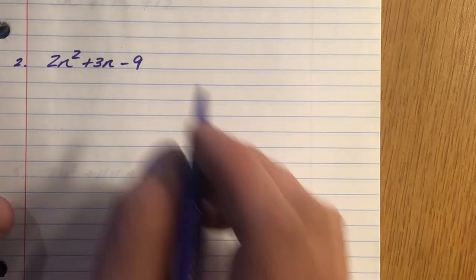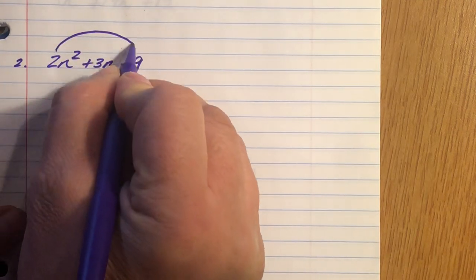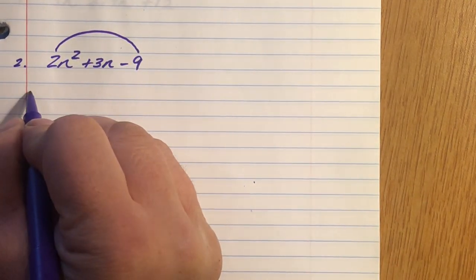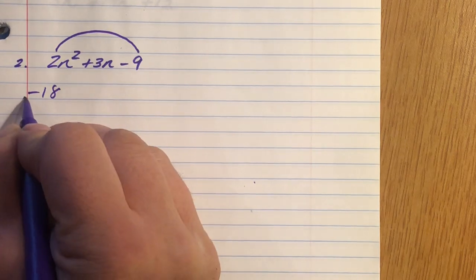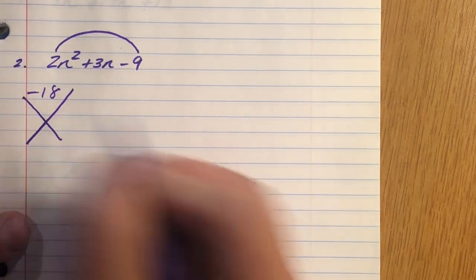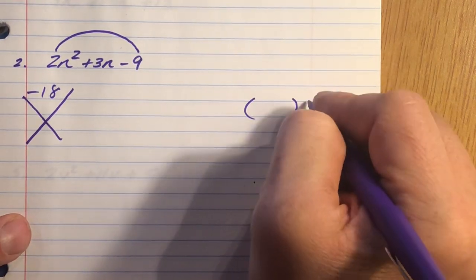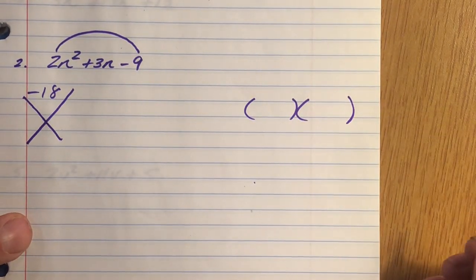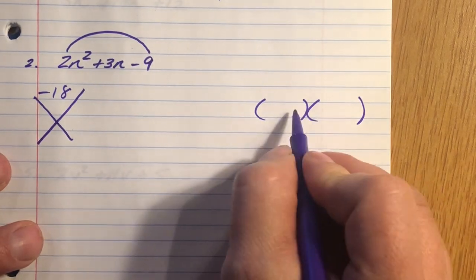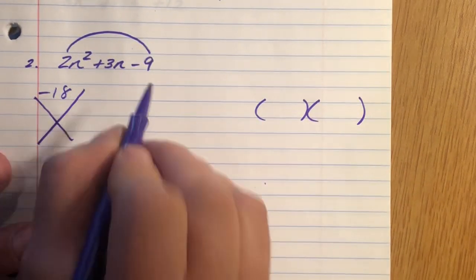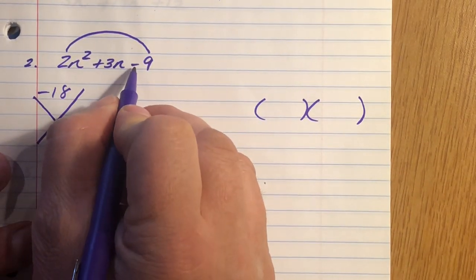Same idea. I'm gonna multiply a times c. So that's going to give me negative 18. All right, now before I do anything, I know my answer is going to look like that. It's going to be two factors. Remember what I said. Look at the signs. This is a negative.